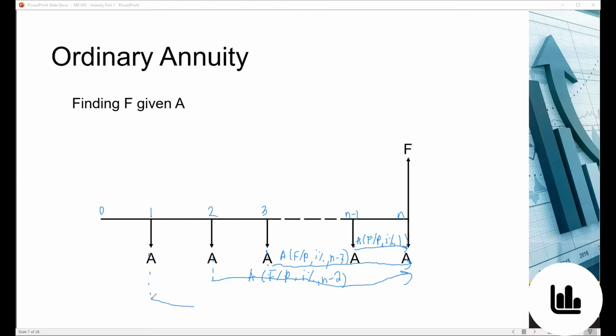Then ito, this will be F given P, interest rate, then n-1. Kasi pag binilang mo from here to n, it's n-1 periods. Tama? Kasi from 0 to n, edi n periods. Pero wala namang payment made on period 0.